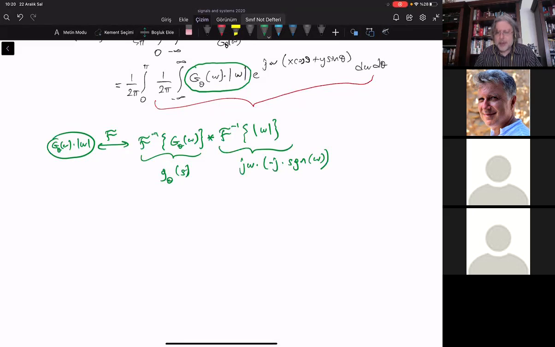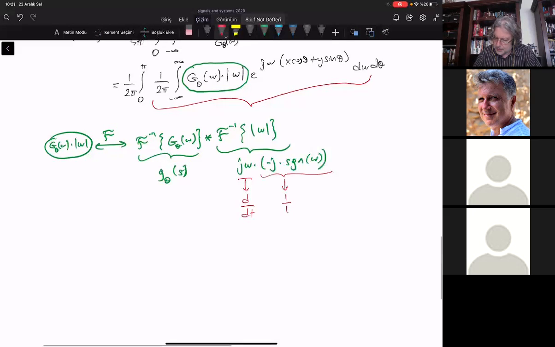And this j omega here corresponds to d by dt. And this part, minus j times signum, corresponds to the Fourier transform of 1 over t. So if you take the Fourier transform of 1 over t, you will get minus j signum omega.